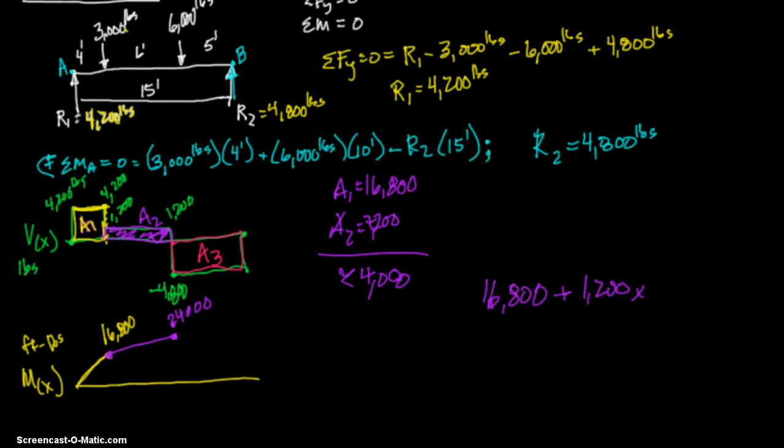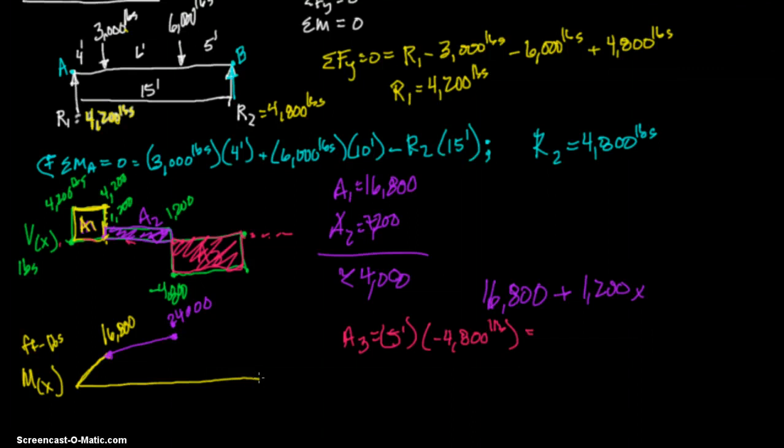Alright, now we need to do A3. A3 equals 5 foot times negative 4,800. What is that? Pounds. It should equal 24,000, and it does. And this is negative, remember, because it's below this 0 line right here.